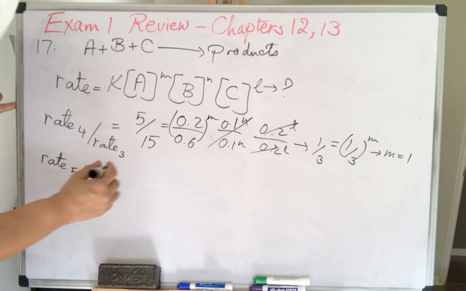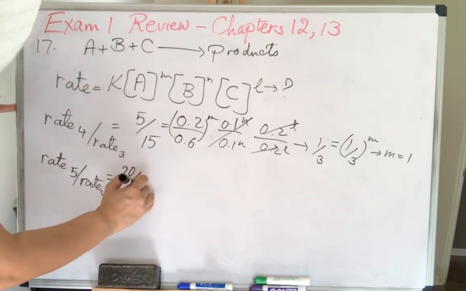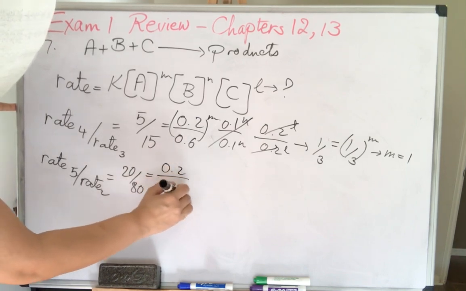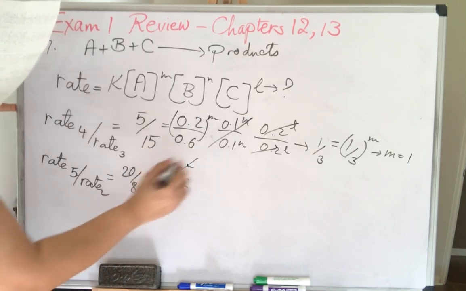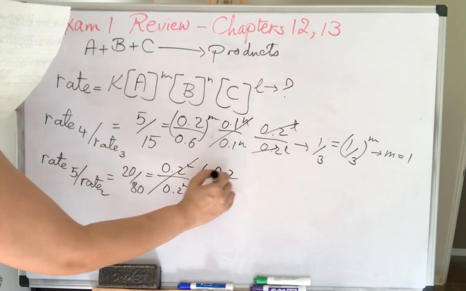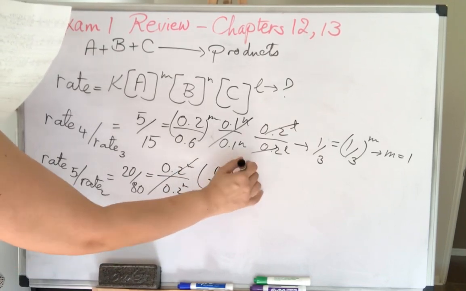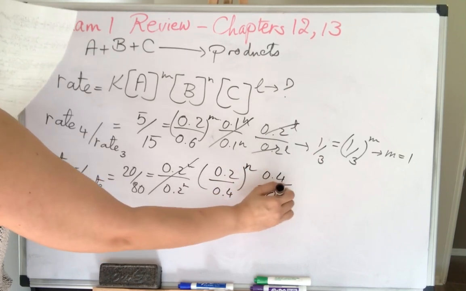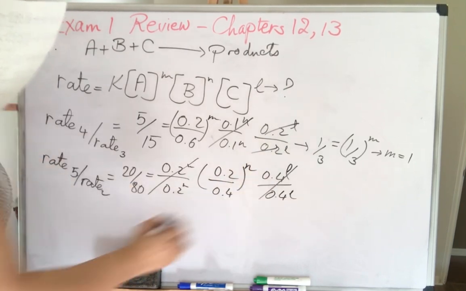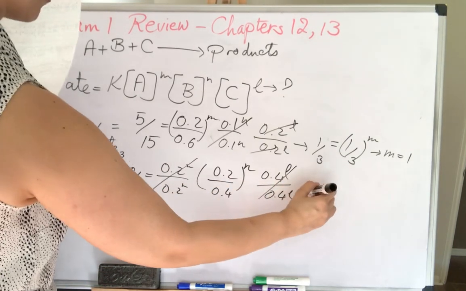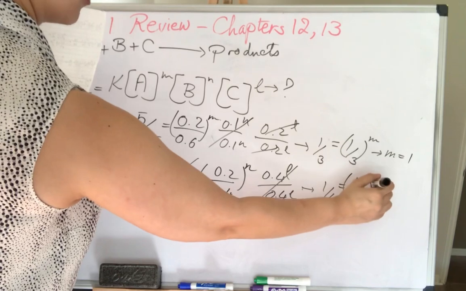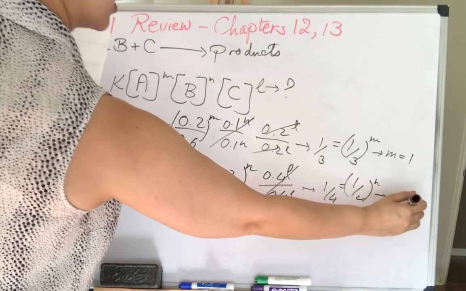So it would be 20/80 the rate, and the ratio of concentrations same. The only thing that should change is B, which we have here, and for C we have this that you can cancel. So 1/4 is 1/2 to the n, means n is 2.